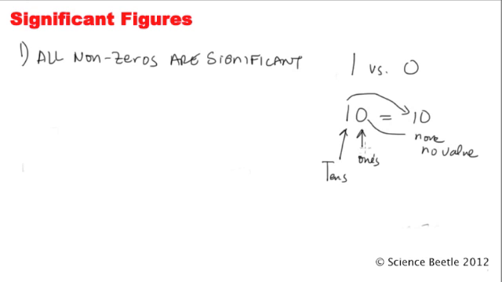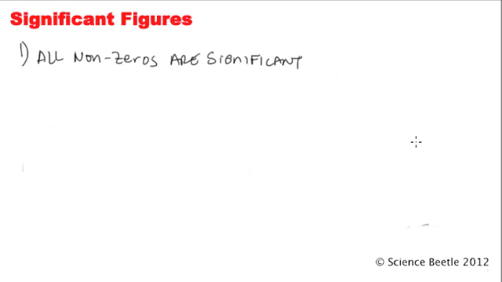So in the example of 10, the 0 is actually a placeholder. It really has no value. It's not significant in terms of the actual value of the number that I wrote. And for that reason, the first rule identifies that all non-zeros are significant. That'd be the first rule.